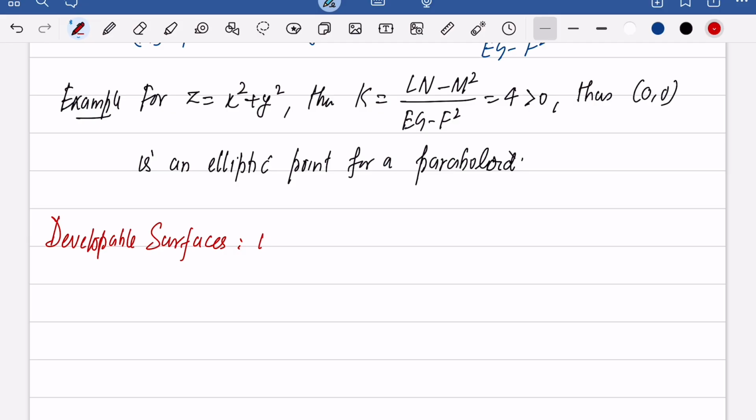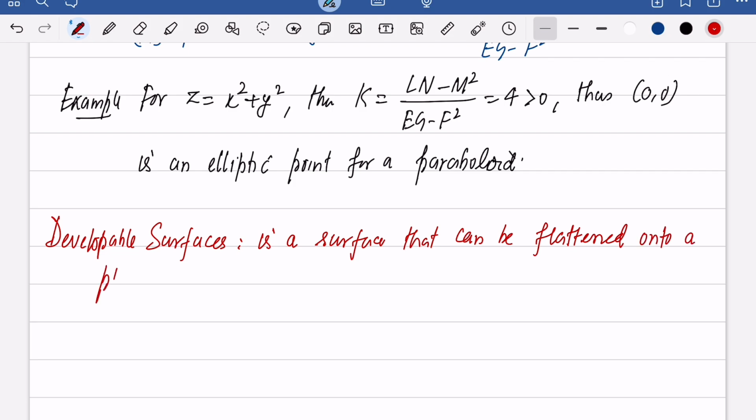A developable surface is a surface that can be flattened onto a plane without distortion.